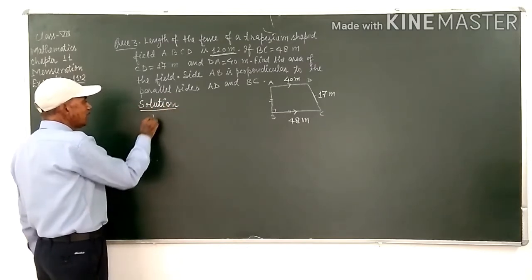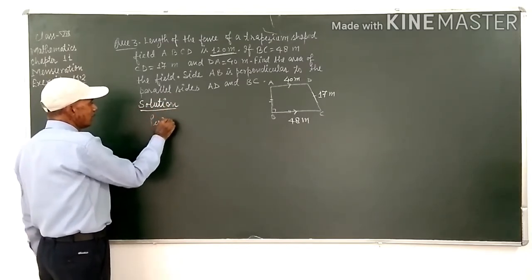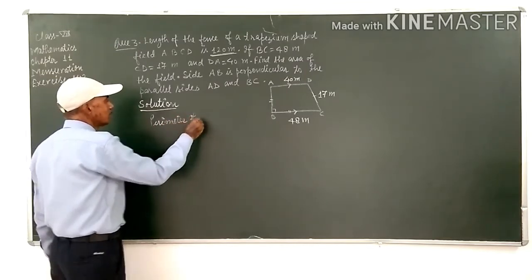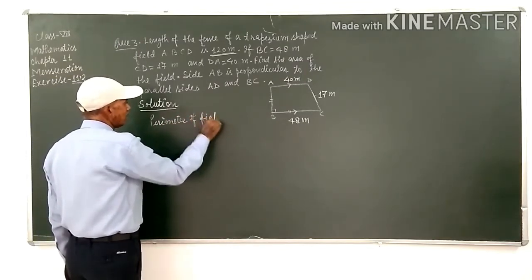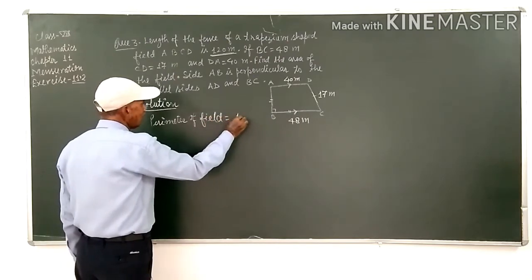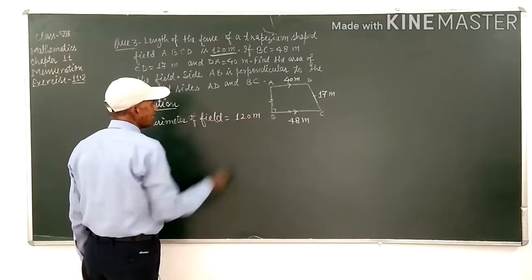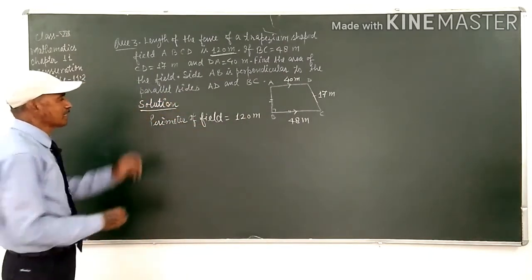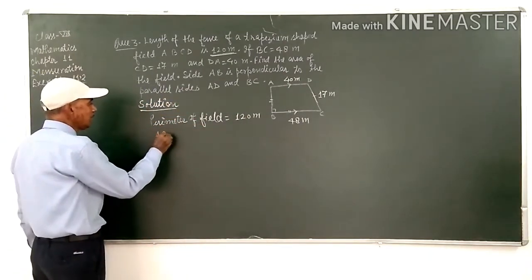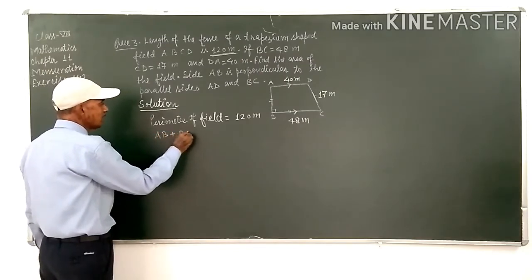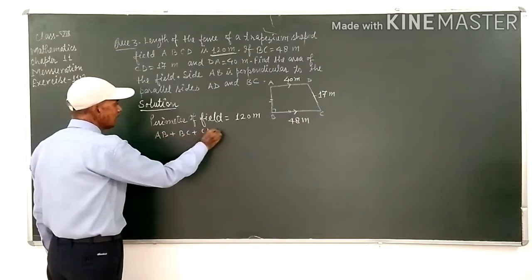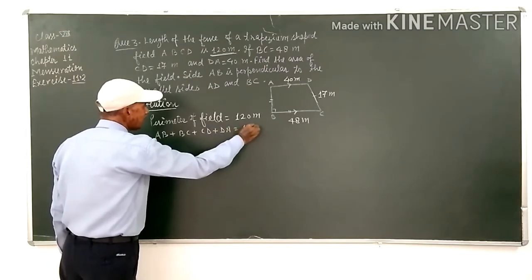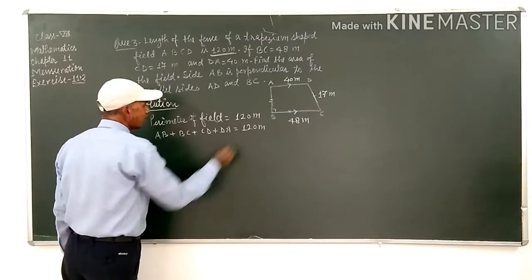So perimeter of field is equal to 120 meter. Clear student? Perimeter means the sum of all sides, means AB plus BC plus CD plus DA is equal to 120 meter.